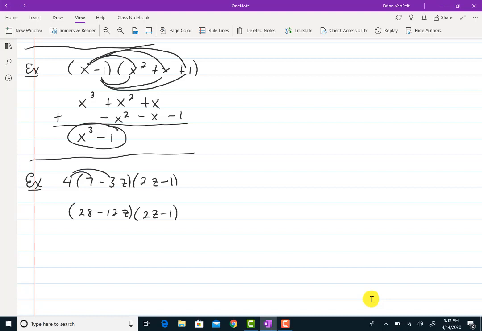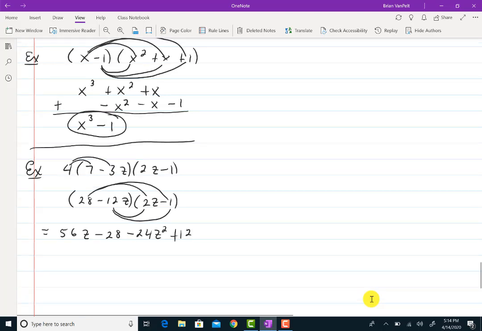So this is straight up FOIL. The F will give me 56z. The O will give me negative 28. The I gives me negative 24z squared. Don't forget that. And then my last will be plus 12.